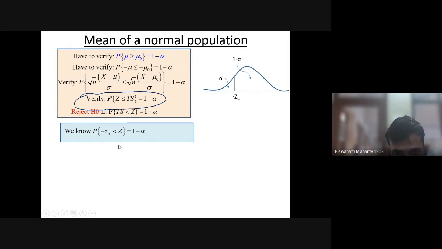So this information is available to you and you have to make a statement. How can I reject or accept? We already know that minus Z alpha is less than whatever I'm looking for. And we are looking at whether Z is less than TS.